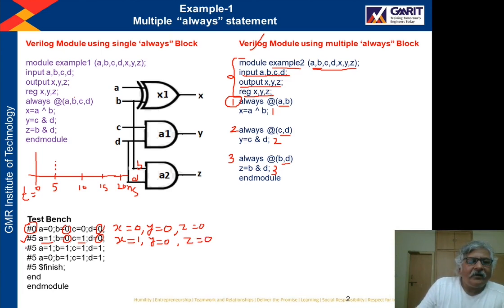Right? Now again, after 5ns, the next statement, we are talking about 10ns. 5ns after the first values, these values. Now at 10ns, the value of A is 1. Previously it was also 1. See, it was 1 here.